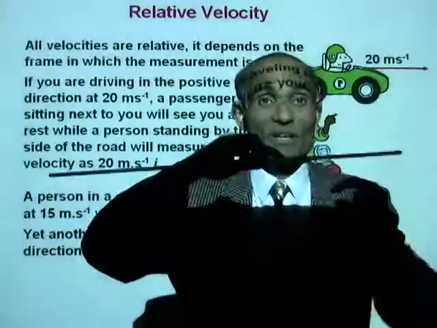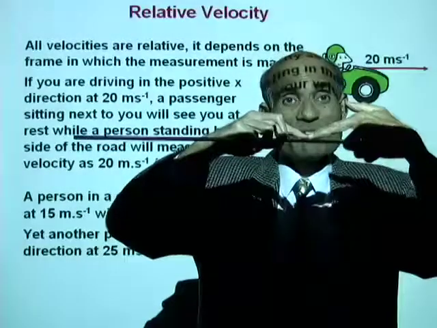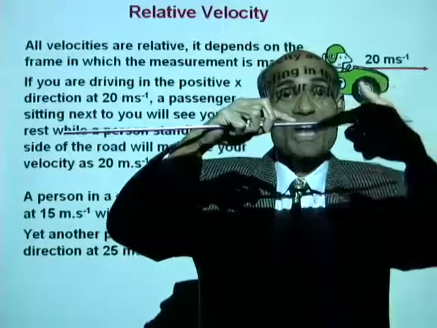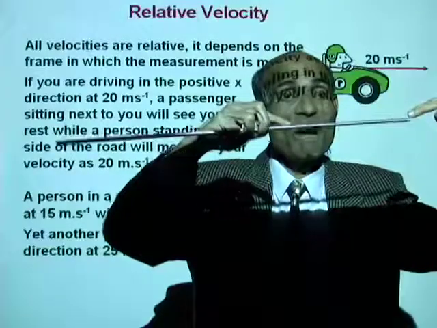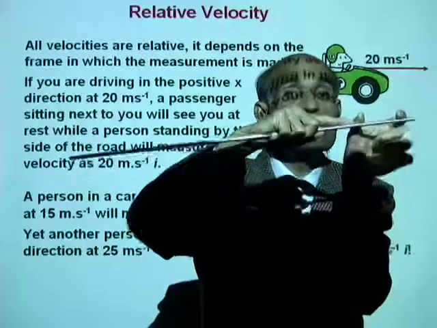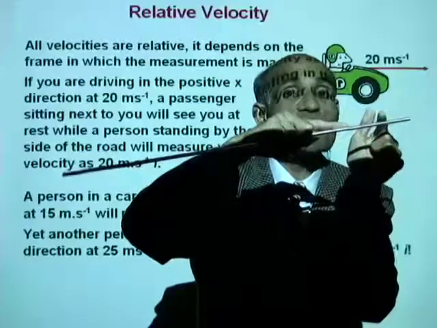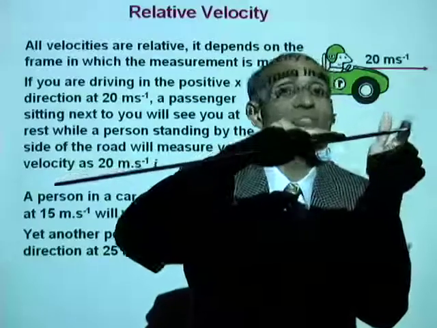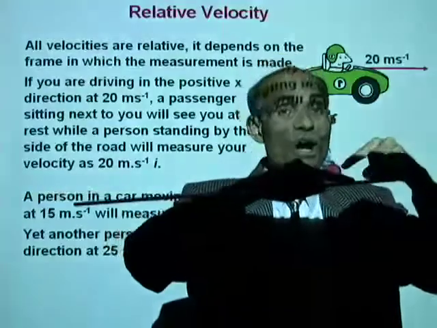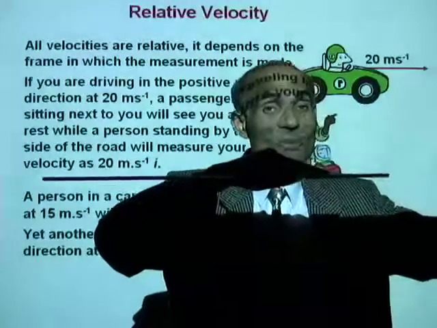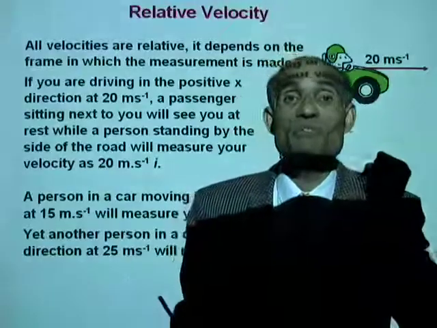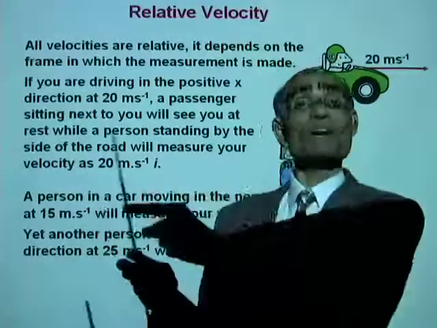In fact, every second you are moving 20 meters, every second the other car is moving 25 meters. That means the distance between the two cars is increasing every second by 5 meters. That means the velocity of your car measured from the passing car will be 5 meters per second in the opposite direction.